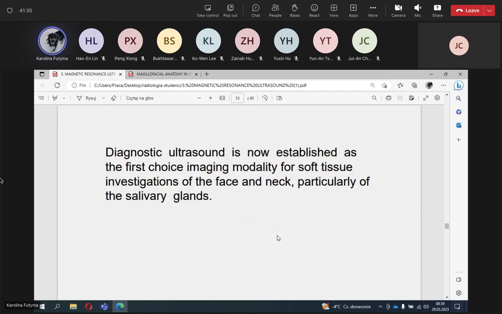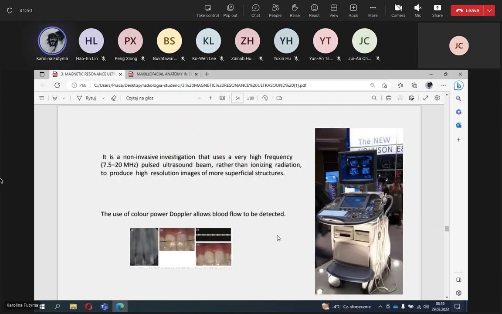Diagnostic ultrasound is now established as the first choice imaging modality for soft tissue investigations of the face and neck, particularly of the salivary glands. It is, of course, a non-invasive investigation that uses a very high-frequency pulsed ultrasound beam.